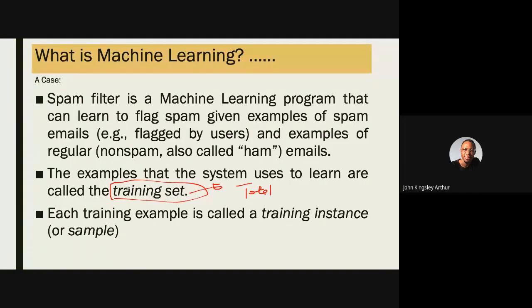Okay, so I will repeat myself. You have, let's say, 30 students in your class. Out of the 30 students, you want to use 25 of those student records in your Excel sheet to train a learning algorithm.